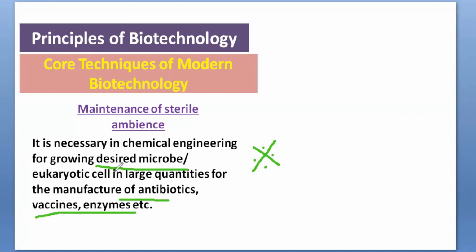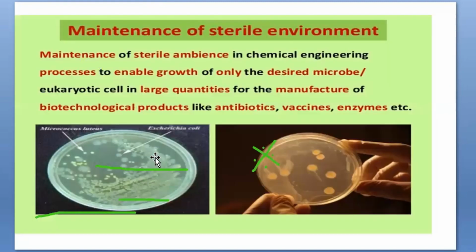These are the core techniques: one is genetic engineering and the other is maintenance of sterile ambience. So we have to maintain the sterile environment so that other bacteria won't grow there.